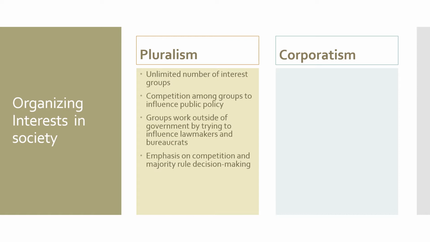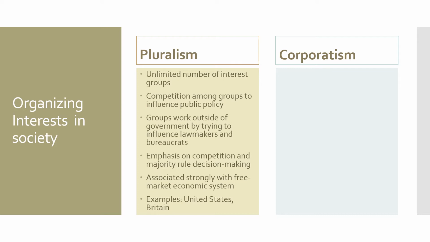That will be seen in a country with pluralism as sort of a zero-sum game where either the unions or the businesses are going to win, and the lawmakers will listen to both sides and make a decision on which side they support. Pluralism, because of the competition, really goes along with a free market economic system, a strong free market system with very few government rules, kind of like in the United States and to a certain extent in Britain as well.